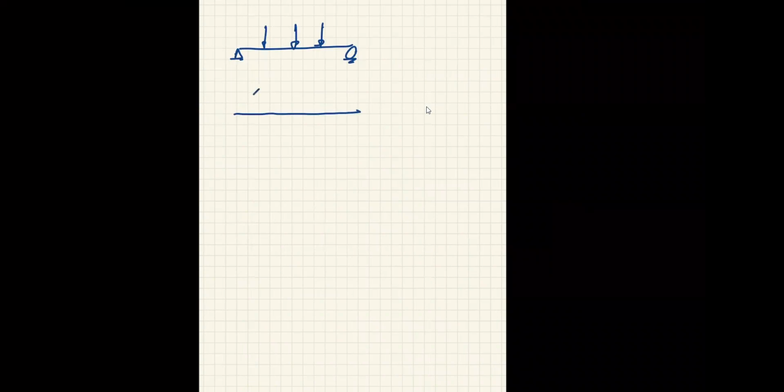It would be something like this. It's not a smooth one line, right? Do you agree? So this is going to be your bending moment diagram. My point is exactly the same, but instead of having a straight line between each point load, when you add a uniform load, this becomes a curve, right?